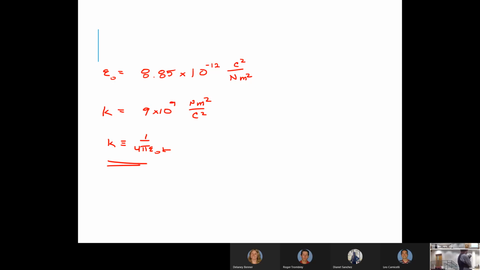The permittivity is closely related to the polarizability, or the ability to polarize an object. If I have a material and I expose it to an electric field, how much does the material polarize?